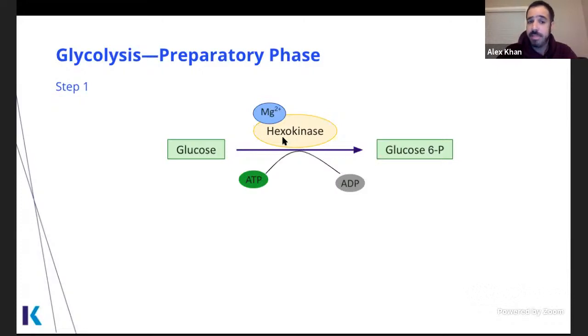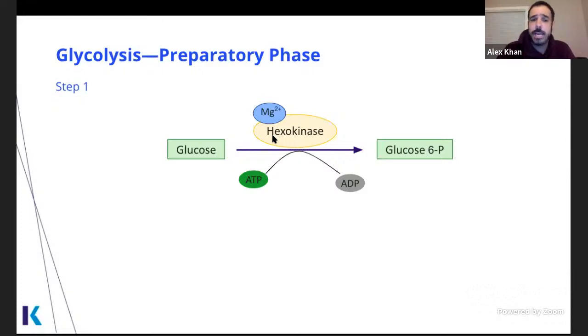But for example, I think what's really cool about hexokinase is that it has the prefix hexo. Everyone just take a moment to think, what other thing do you know that starts with the word hexo? There's no perfect answer to the question, but when I think hexo, I think hexagon, a 6-sided polygon.